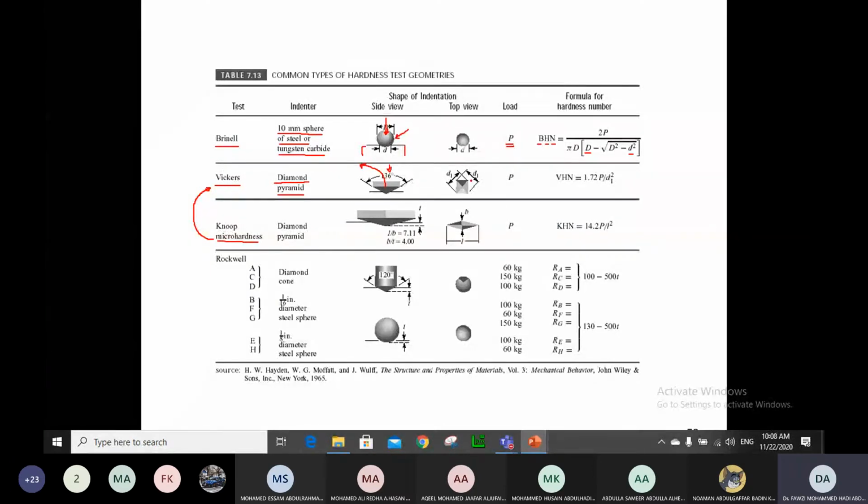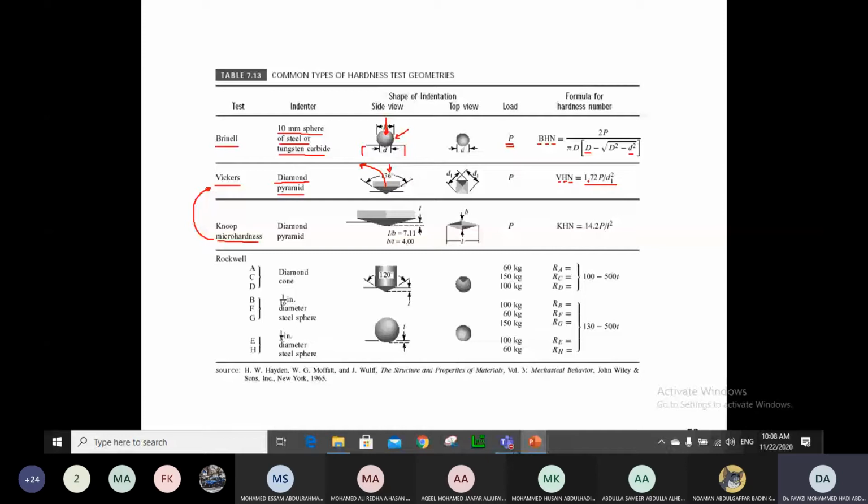It gives you the indentation which is caused there. Then you measure the diagonals using the microscope, D1 and D2, take the average of those, and then use this equation to calculate the Vickers hardness number. Again, it's a number, so no units will be there.